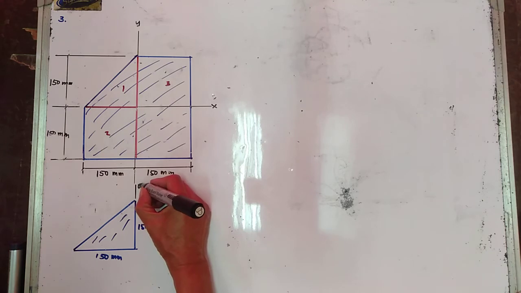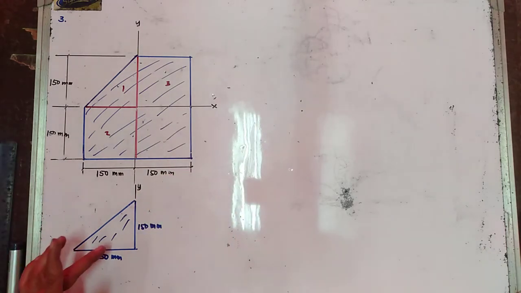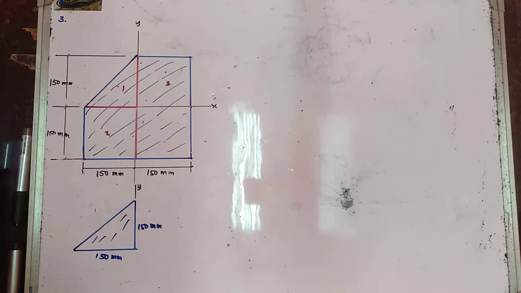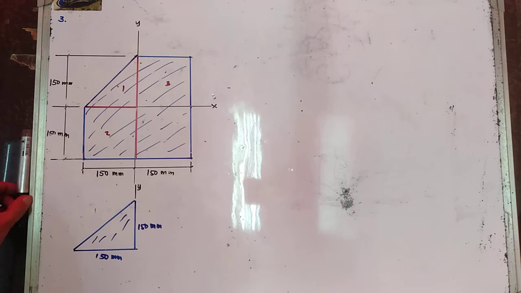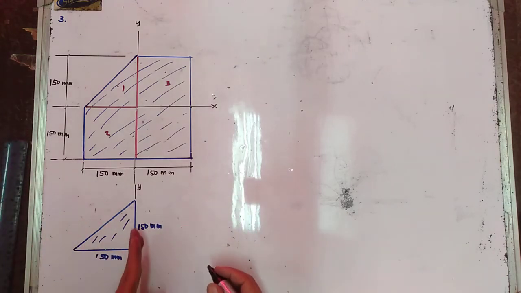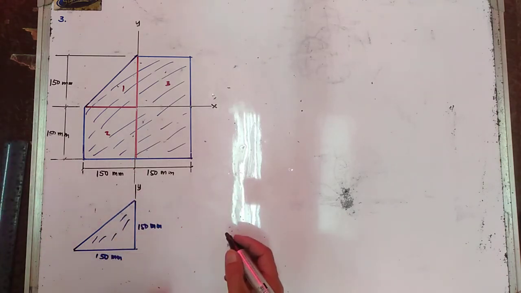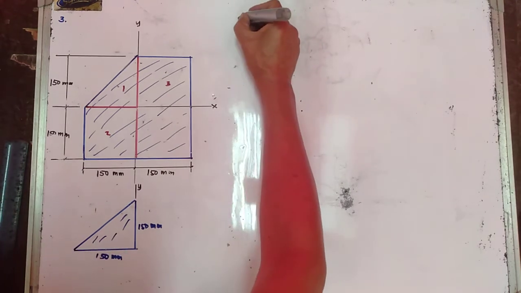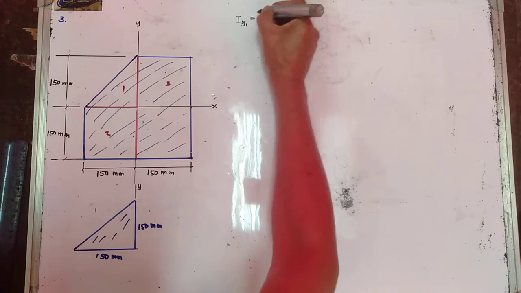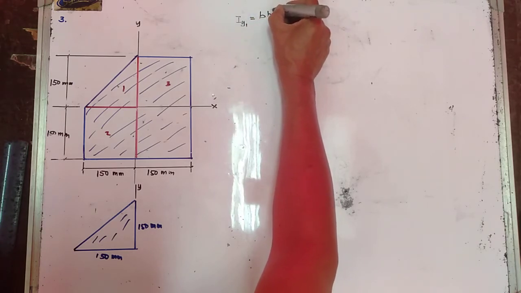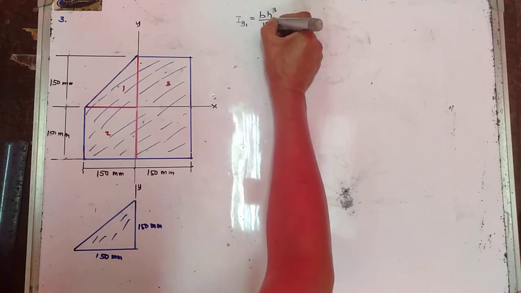For a triangular area, the moment of inertia with respect to its base, so that is Iy1, is now equal to bh cubed all over 12.